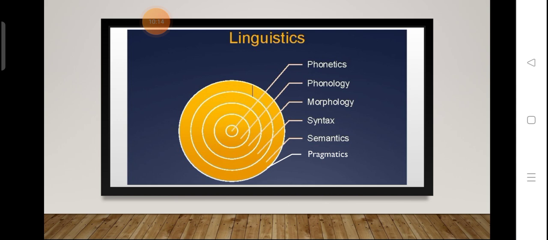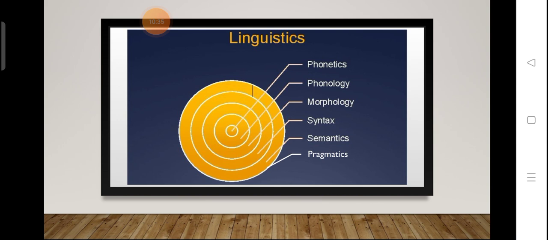Now, after syntax, we have semantics. Semantics is the study of meaning. So, we have before us sounds, we have the sound system, we have words, we have sentences, and now how all these result in the production of meaning. So, semantics is the study of meaning.